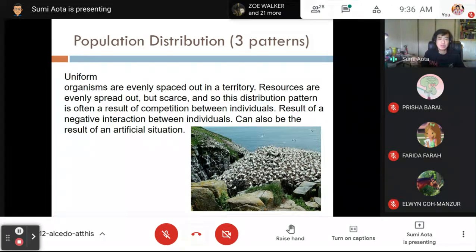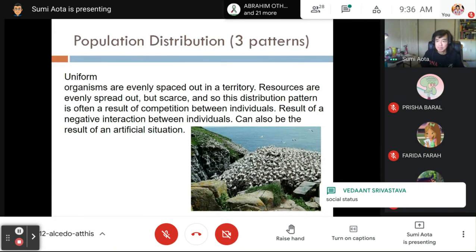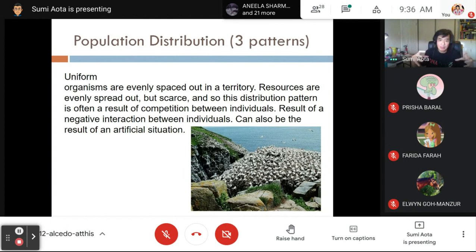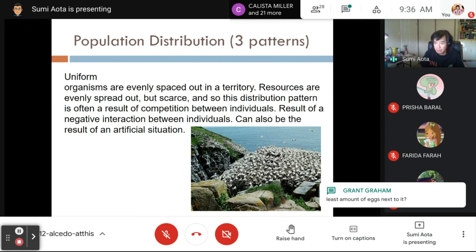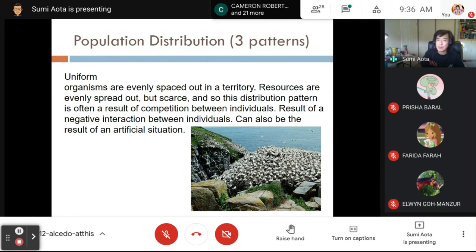What do you think is going to determine where each bird happens to place its nest on this rock? What determines that distribution? Not social status. Social status would be a more clumped distribution, honestly. So the resource that's in scarcity is space. No, it's due to competition between the individuals.